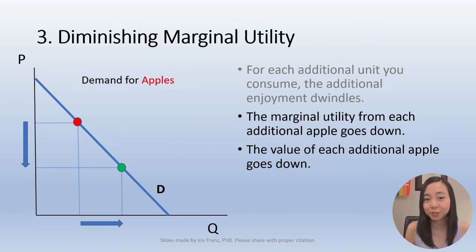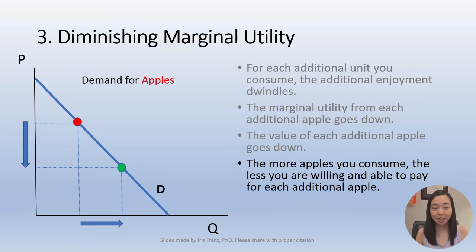The more of a good you consume, the less utility or satisfaction you get from each additional unit. As the marginal utility of each apple declines, so does its perceived value to you. Because of this, the more apples you eat, the less willing and able you are to pay for another one. This effect helps explain the downward sloping demand curve.